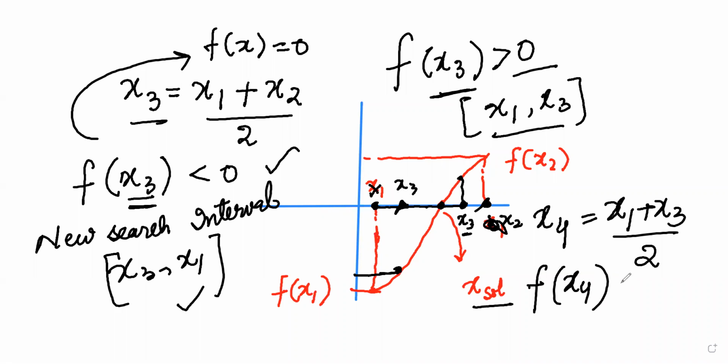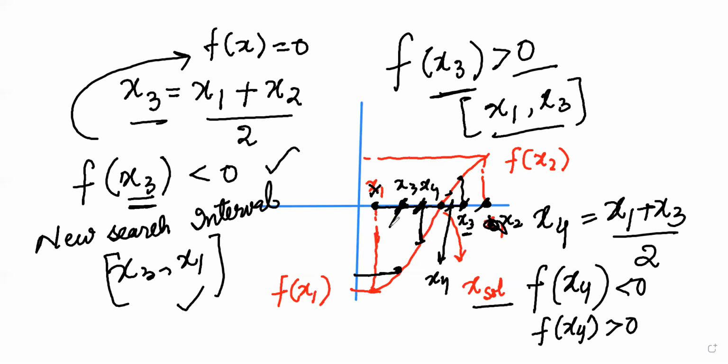Now if this f of x4 is less than 0, then this x4 lies somewhere here, because at this value the function is negative. If f of x4 is greater than 0, then this x4 lies somewhere here. Now you can take from here to here as your solution interval, or from here to here.